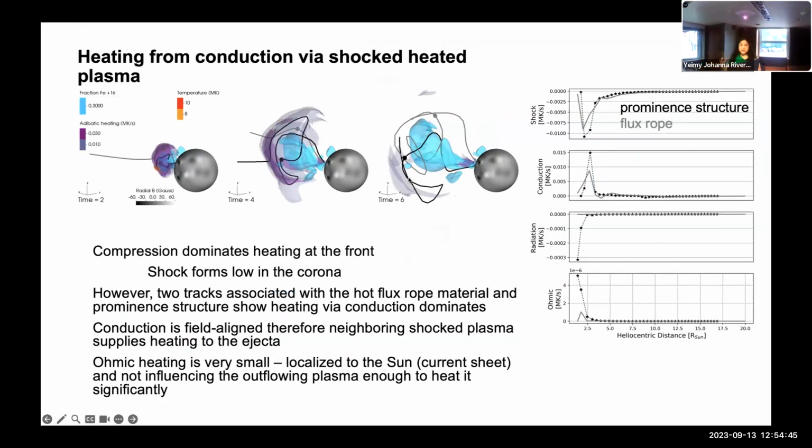And so from the shock plasma in the front, you get this field line conduction that generates all of the heating that we observe in the two structures. The panels on the right are meant to convey that. In the shock, we really see a ton of adiabatic cooling in our structure that is combated by the field line conduction, and very little radiative cooling or ohmic heating in the two structures.